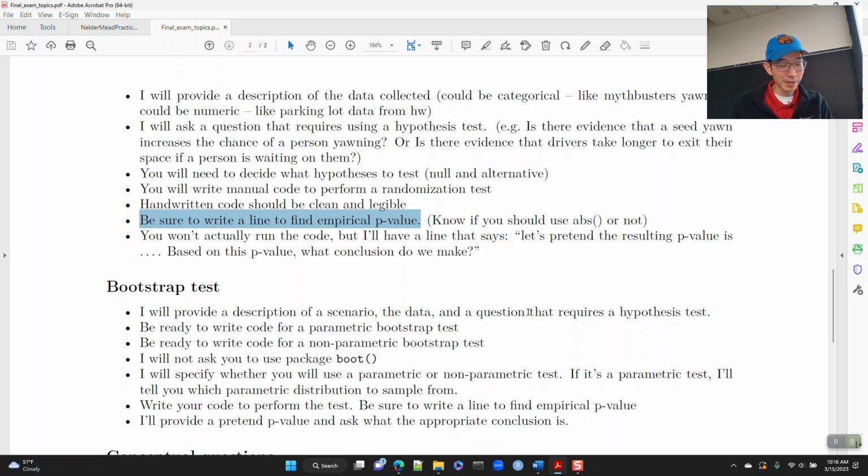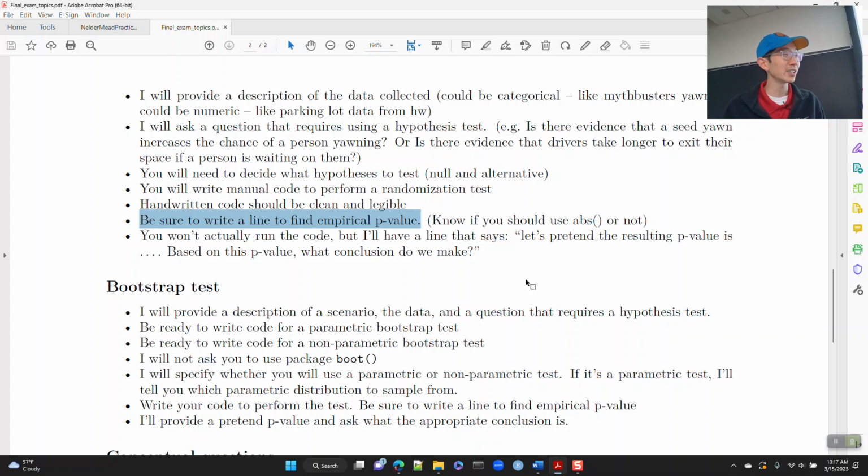So when you write the line to figure out your empirical p-value, you need to make sure: are you using the greater than sign or the less than sign? Are you using absolute value or not? These are things you need to be aware of.